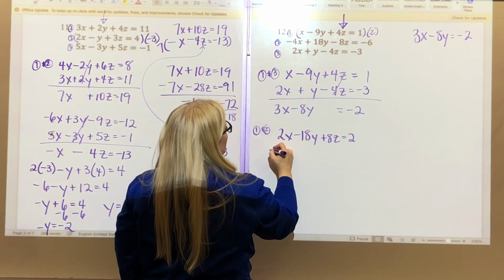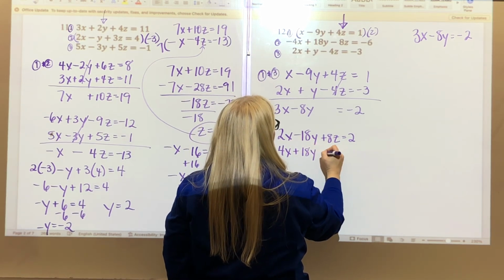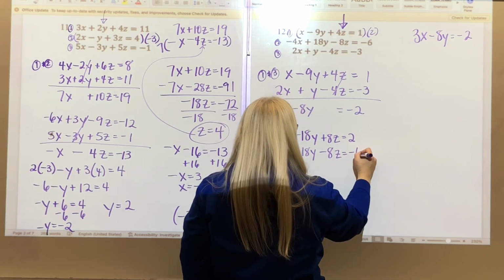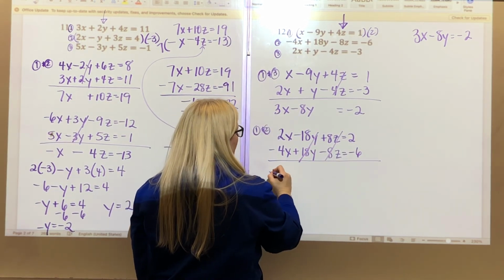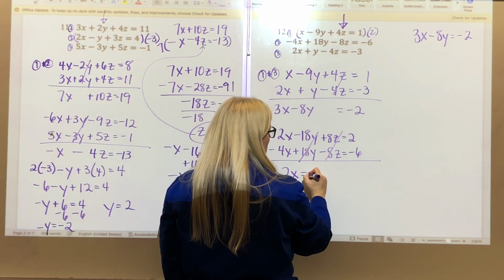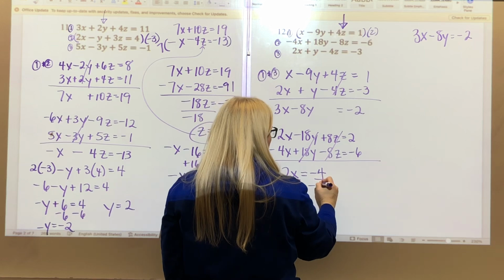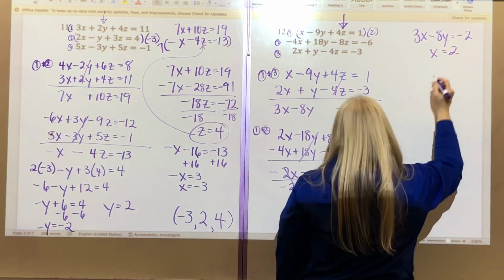And then I have negative 4x plus 18y, minus 8z equals negative 6. Nice. Cancel, cancel. Negative 2x equals negative 4. Divide by negative 2, and we get x equals 2.